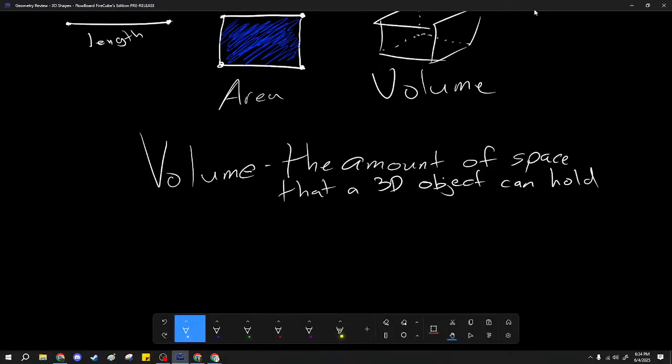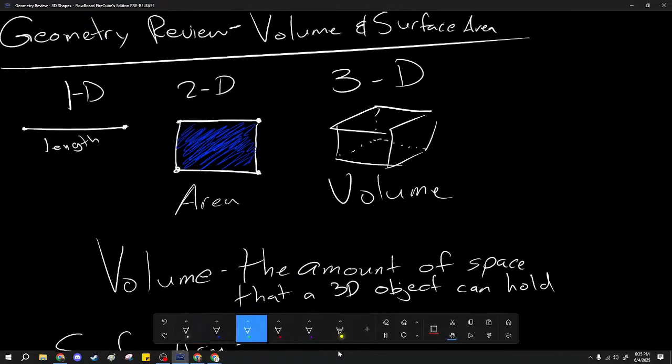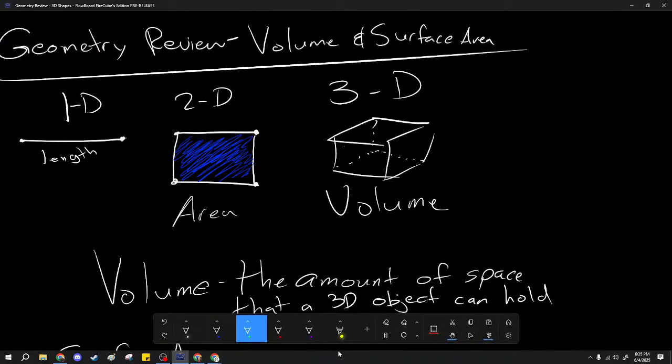I also want to give the definition for surface area. The definition is kind of in the name, but I'll explain it. If I had a 3D shape here, I'll go back up to my little box. The square facing us has its own area.